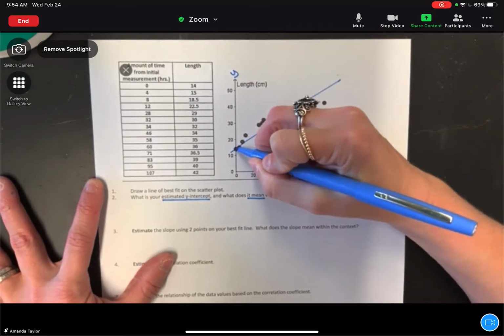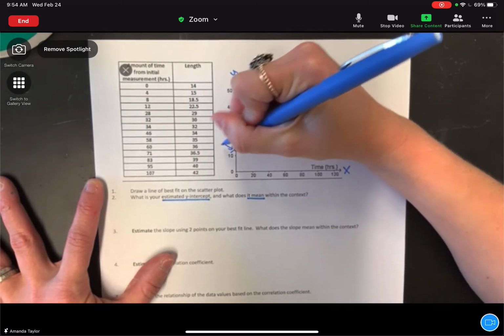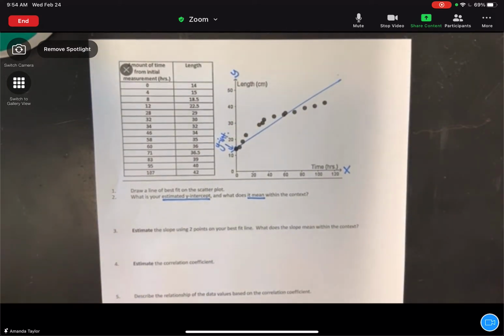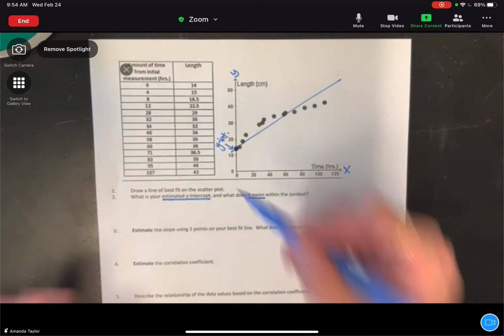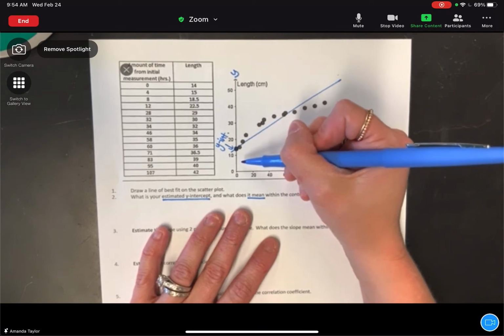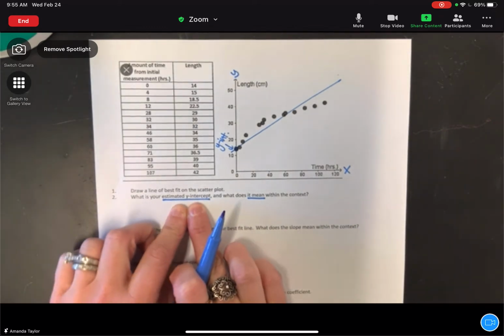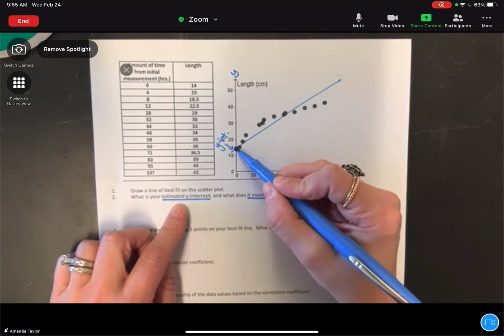So this right here is my y-intercept. Yours might not have been right there. It might have been a little bit above, a little bit below. Let's just all go with the same thing for the numbers' sake, so that we're all looking at the same numbers. So if I estimated the y-intercept, about what is that point?